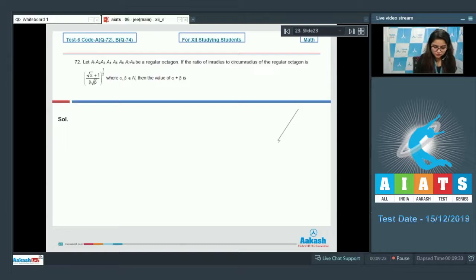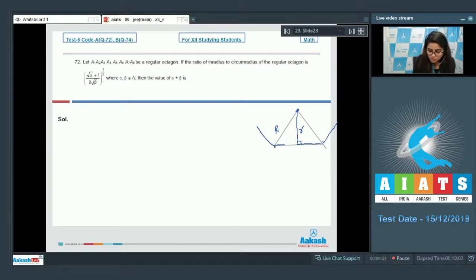So suppose this is the center of the octagon and this is one side of the octagon. Similarly we have lots of sides. So this length is your circumradius and the perpendicular on this side is your inradius.